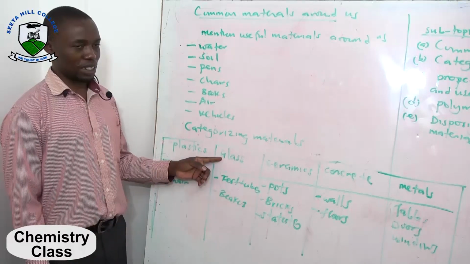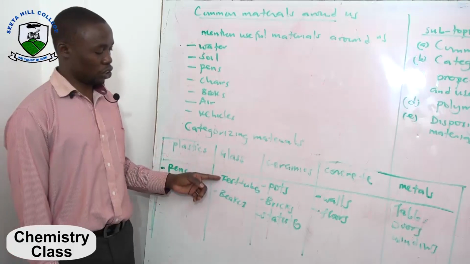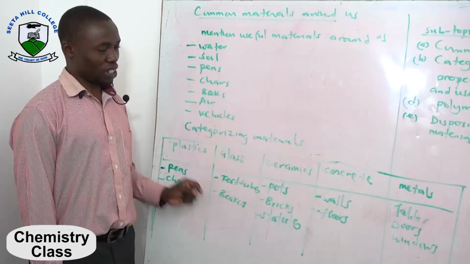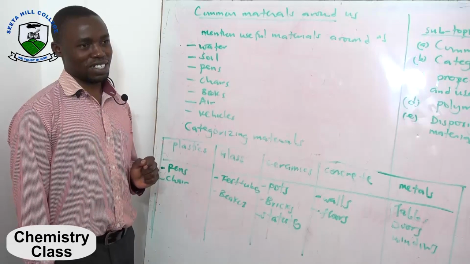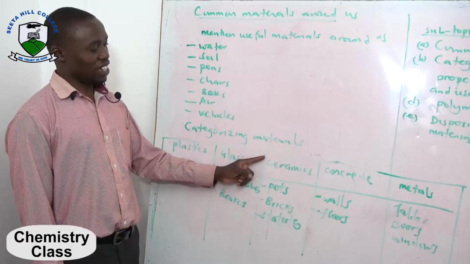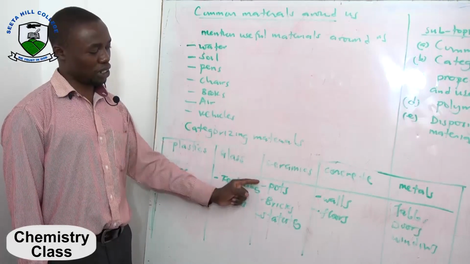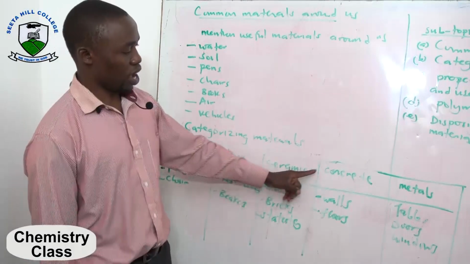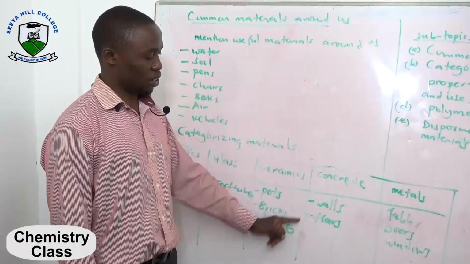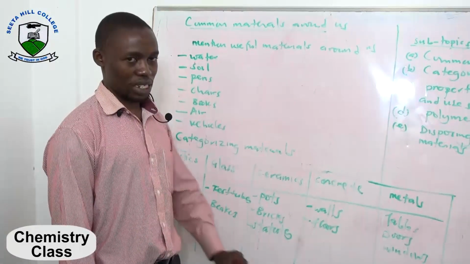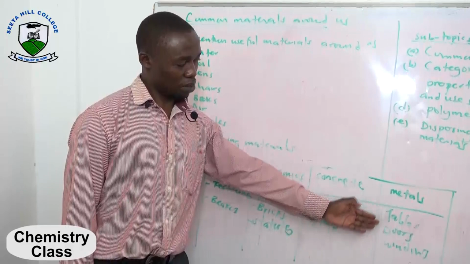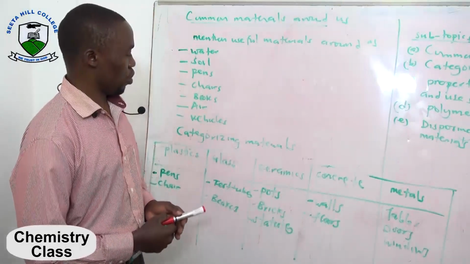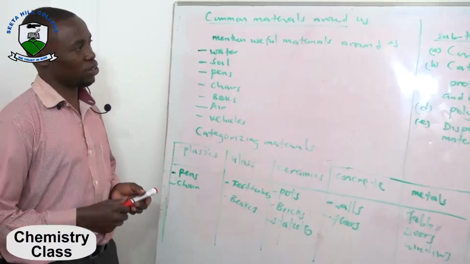Then under glass, you said we have some test tubes, glass beakers. What of window glasses? Not so. Then under ceramics, we have pots, bricks, statues, etc. Concrete, we have walls made of concrete. We have floors made of concrete. Metals, we have some tables made of metals, some doors and windows. All those are different categories of materials.